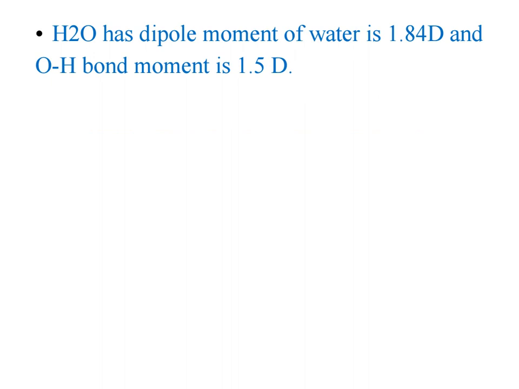The H2O molecule has a dipole moment of 1.84 D and the OH bond moment is 1.5 D. Then what is the bond angle in H2O? We know the geometry of the H2O molecule is angular, and we have to find the bond angle theta in this molecule.